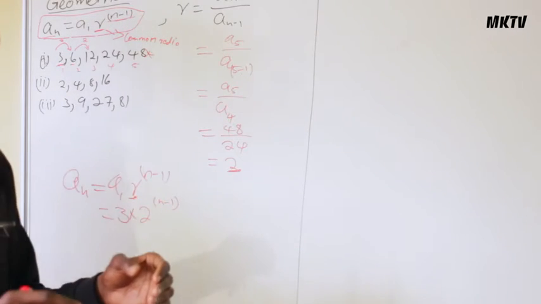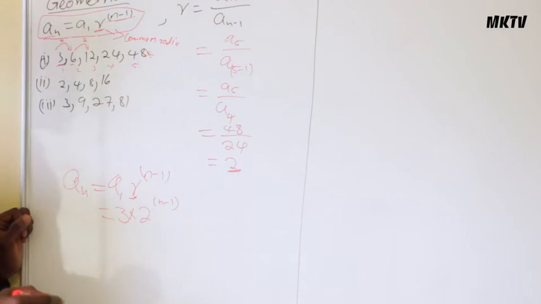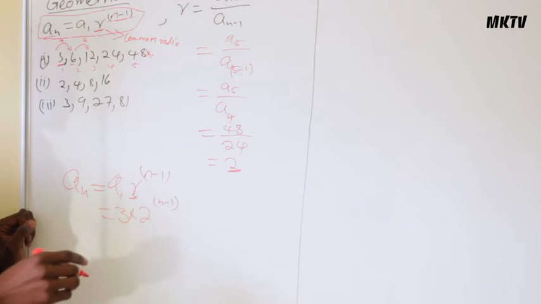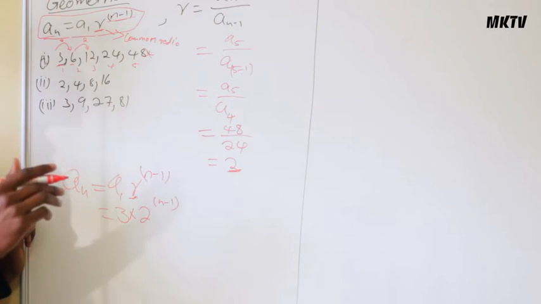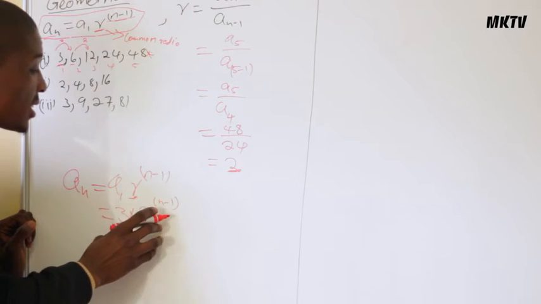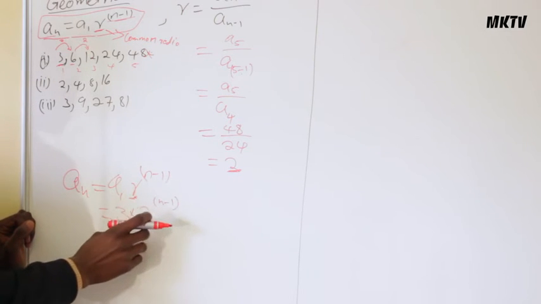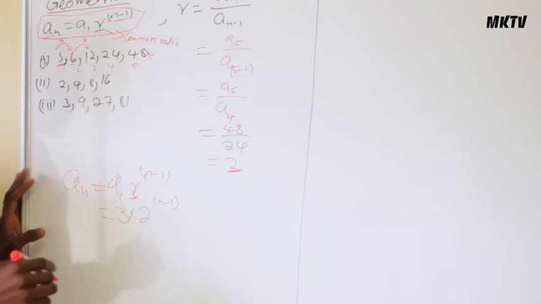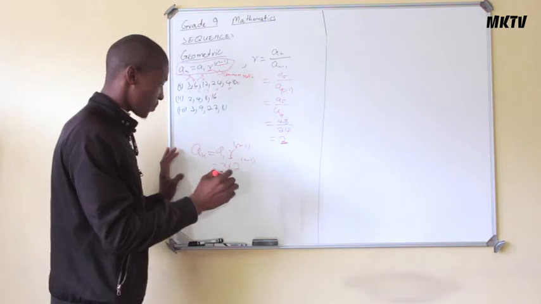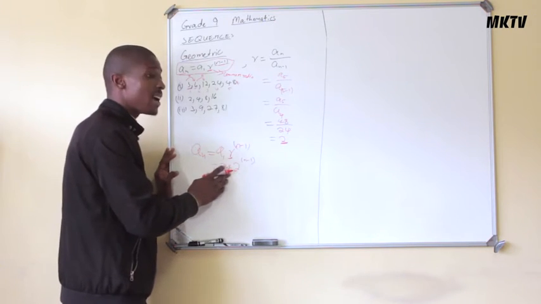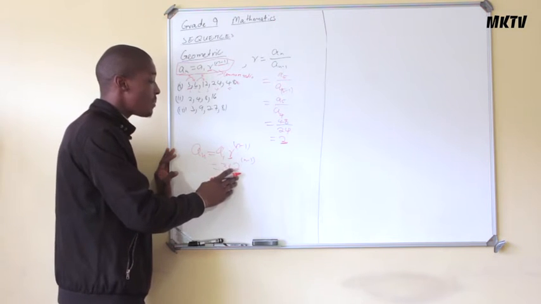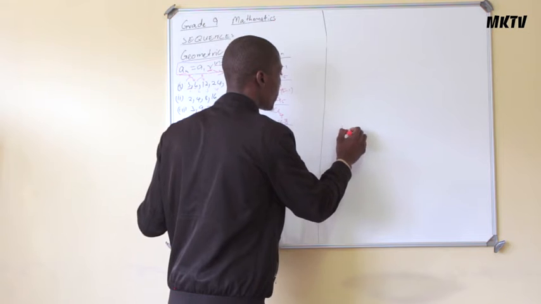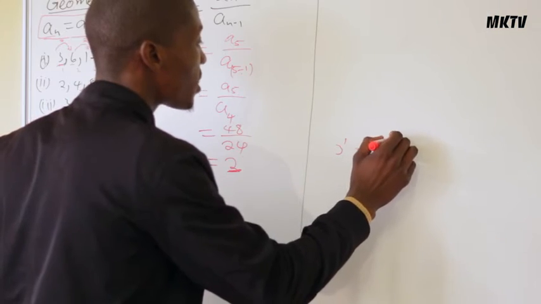If you go to the indices, you will find that the rules of indices say that you will only be able to operate on these two numbers if the bases are the same. But this time around we have 3 raised to power 1 multiplied by 2 to the power n minus 1.